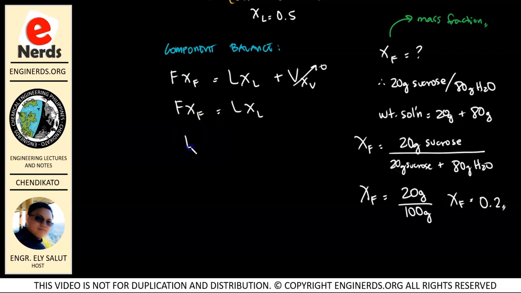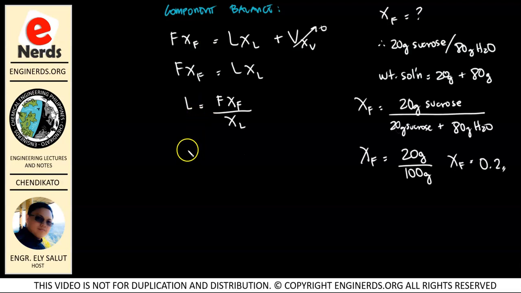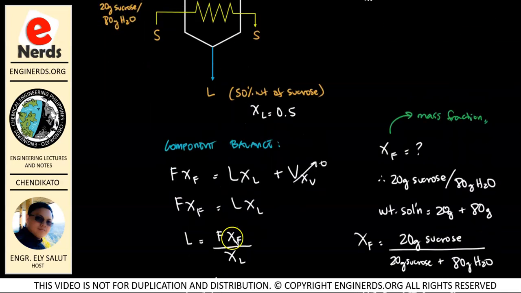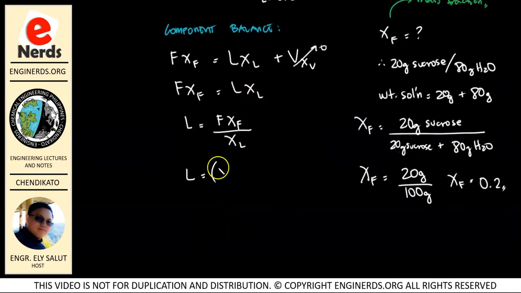So we have L is equal to FXF over XL. Okay, so substitute natin yung ating mga value. L is equal to, what is the value of our F? 1,600 kilogram per hour. So we have 1,600 kilogram per hour times our XF.